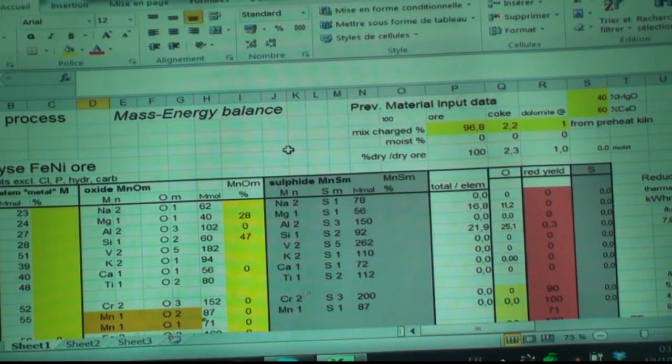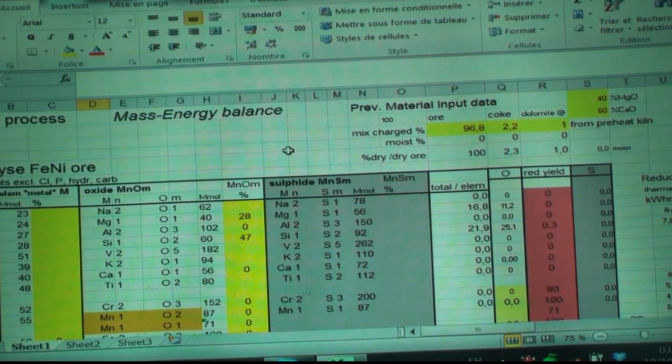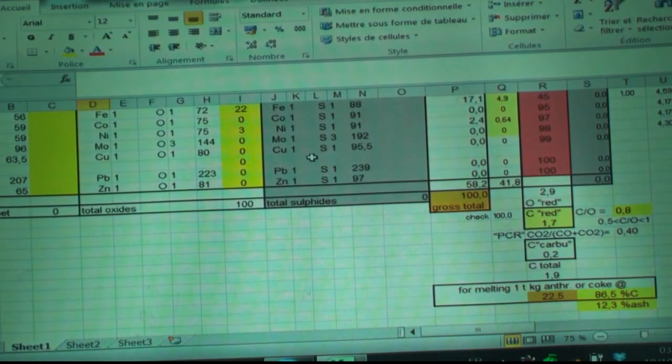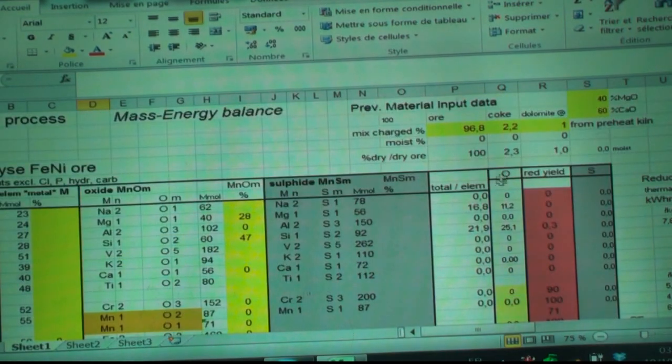So we move to the ferronickel mass energy balance, using the same Excel sheet. Actually, what I did is I made first the calculation and then I put a recommended mix.